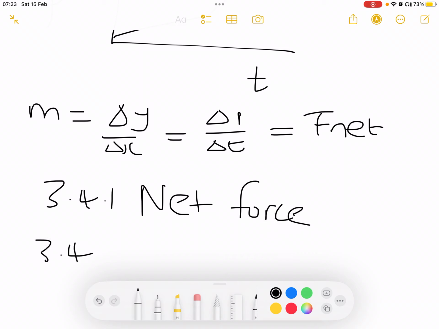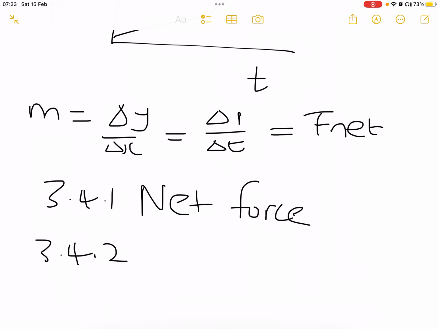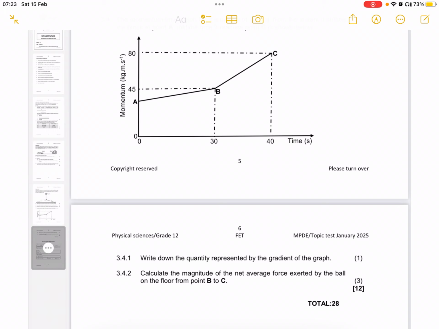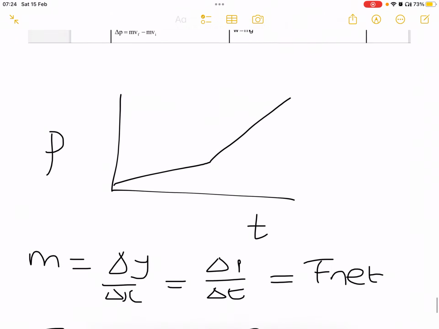Okay, 3.4.2: calculate the magnitude of the net force, or net average force, exerted by the ball on the floor from point B to C. At point B and point C, these are the things to note.